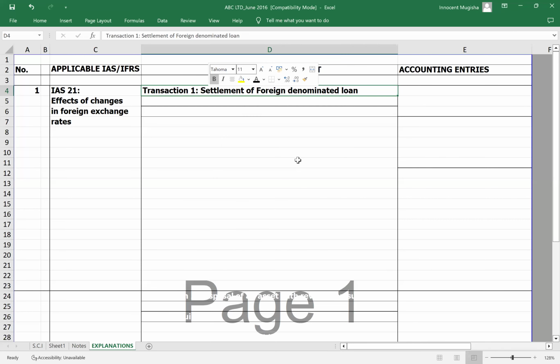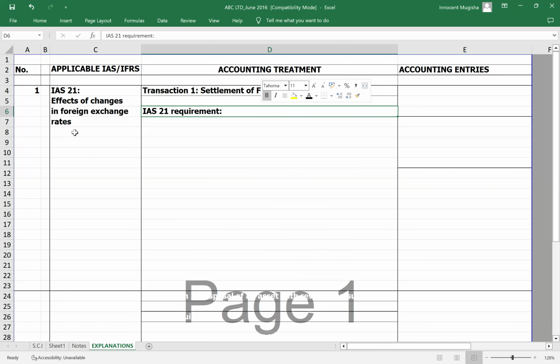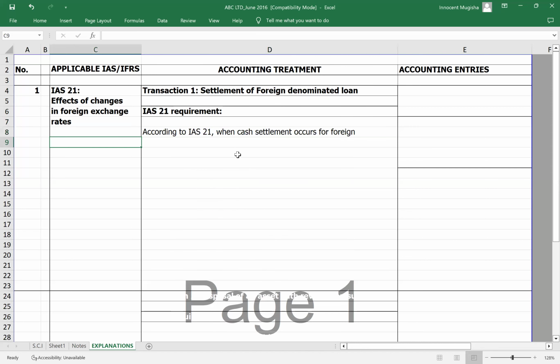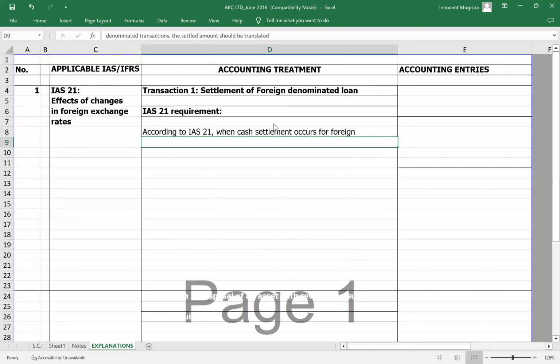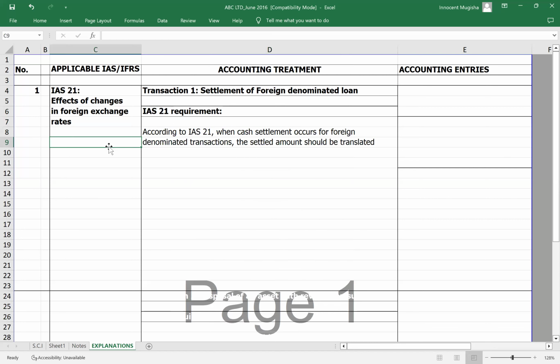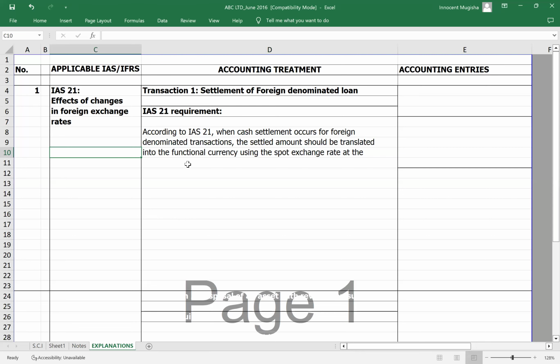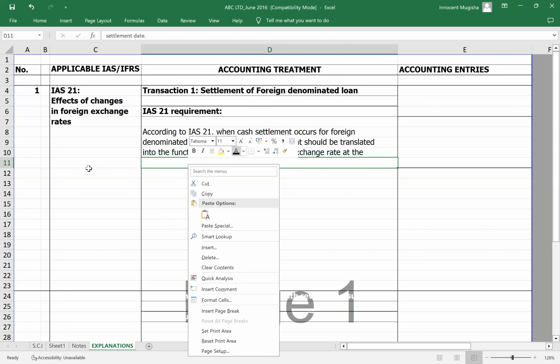So our very first transaction, or transaction number 1, is settlement of a foreign denominated loan. So what does the standard require if a transaction is denominated in a foreign currency? IAS 21 requires that when cash settlement occurs for foreign denominated transactions, the settlement amount should be translated into the functional currency using the spot exchange rate at the settlement date.